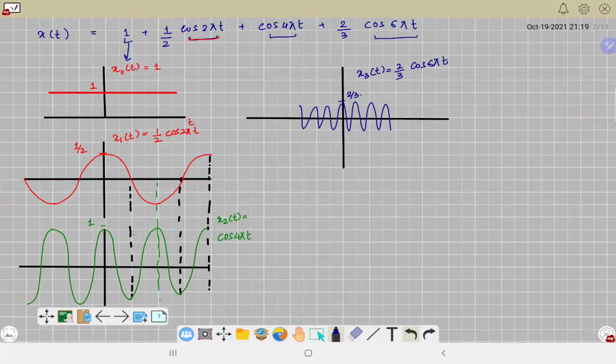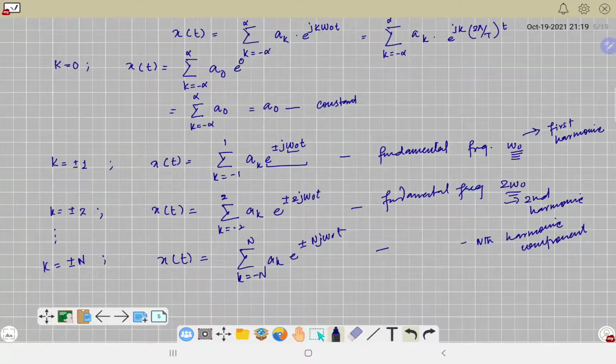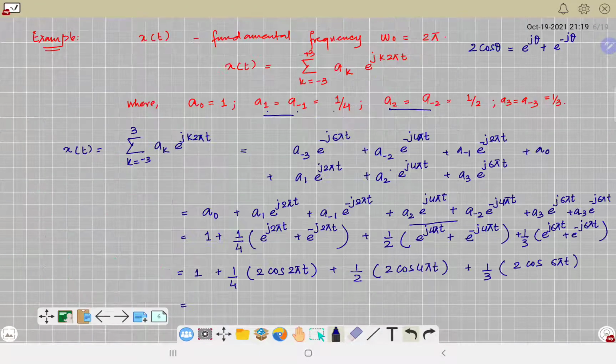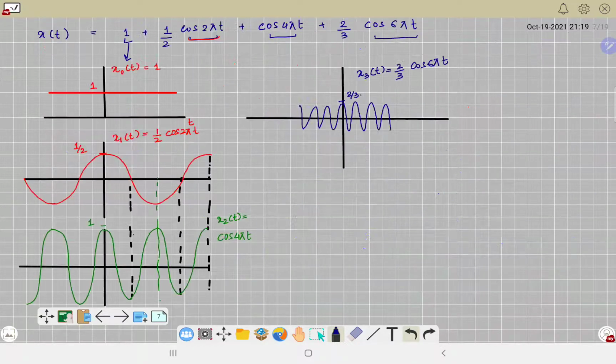As we mentioned mathematically previously in the general representation, the individual components in this representation will be harmonically related. Now we have taken a typical example where our values are defined. We have done a bit of mathematical analysis and come up with the constituent terms in which this signal x of t is expressed.